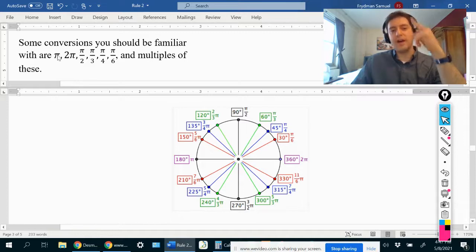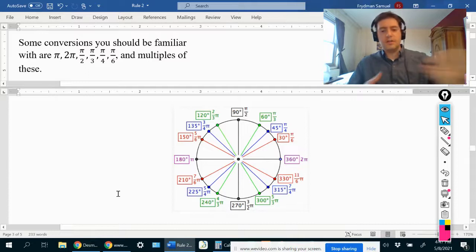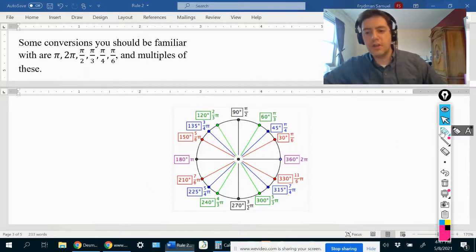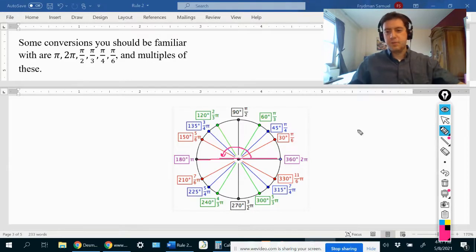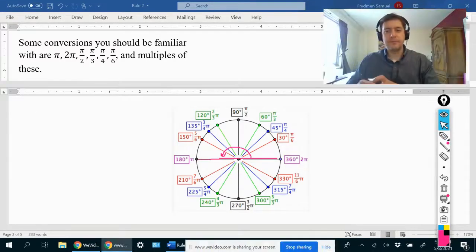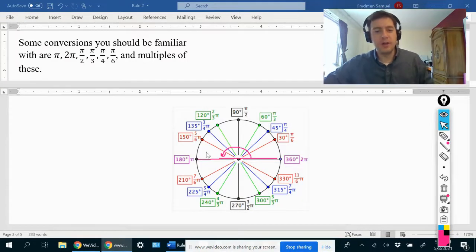Okay, so let's start with pi. We already did pi a few minutes ago. Pi is 180 degrees, right? So if I started over here and I rotated all the way over here, then if I wanted to measure the rotation in degrees, it would be 180. So pi radians is the same as 180 degrees. What about 2 pi?